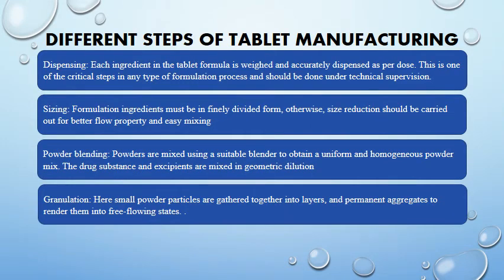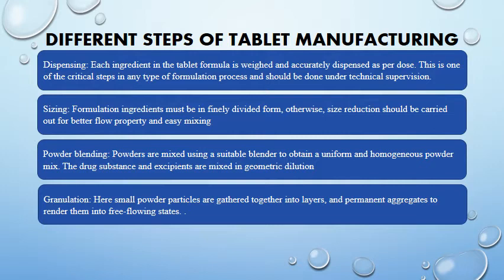Now we will see individually the different steps which are involved in tablet manufacturing. The first step is dispensing, that is the weighing of the ingredients. Each ingredient in the tablet formula is weighed and accurately dispensed as per the dose.